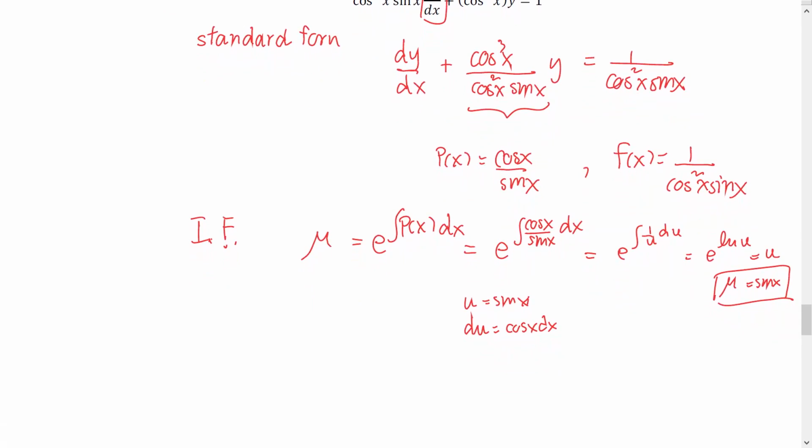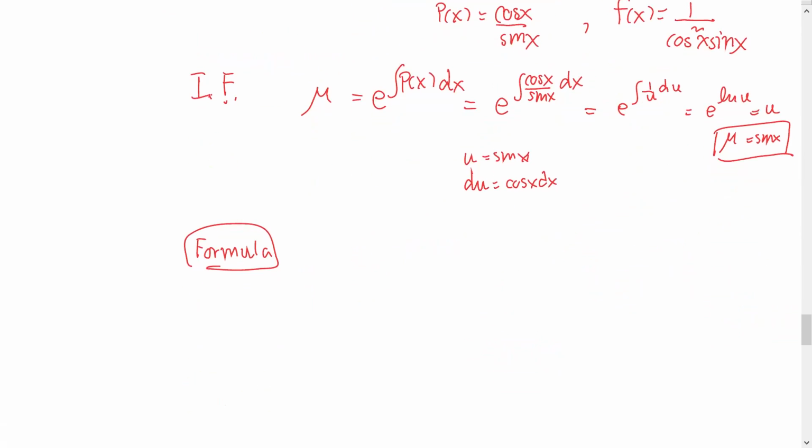So are we good with the integrating factor? Okay. All right, next we're going to plug it into the formula to find the solution, which will give you the general solution. y equals 1 over mu multiplied by the quantity integral of mu times f(x) dx, and then plus c.